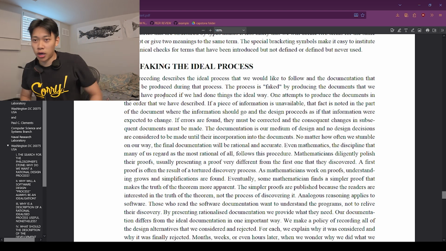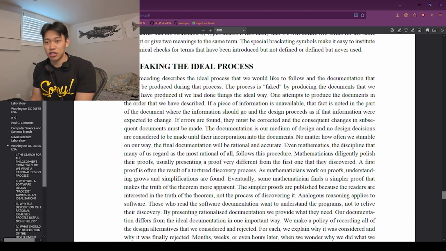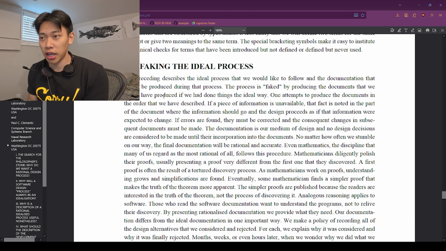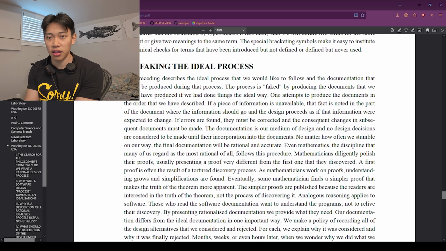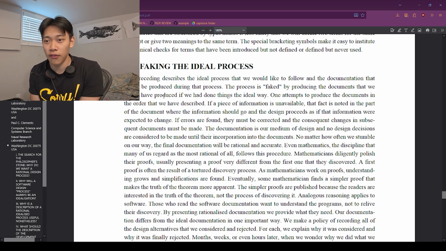Faking the ideal process. The preceding describes the ideal process that we would like to follow and the documentation that would be produced during that process. The process is faked by producing the documents that we would have produced if we had done things the ideal way.